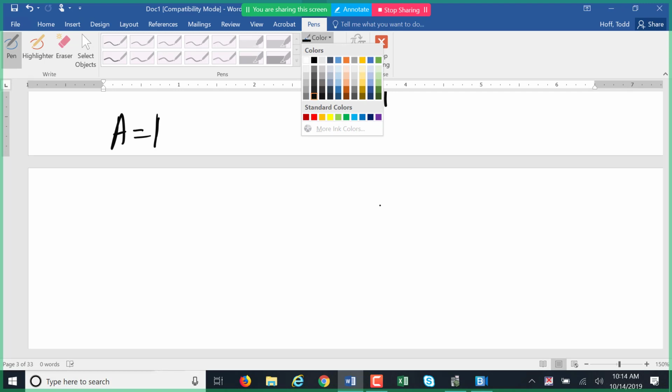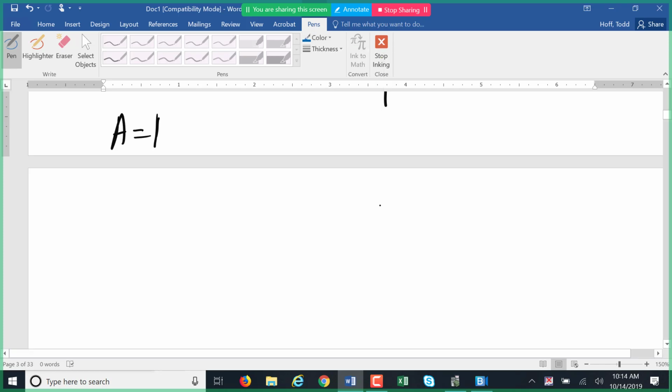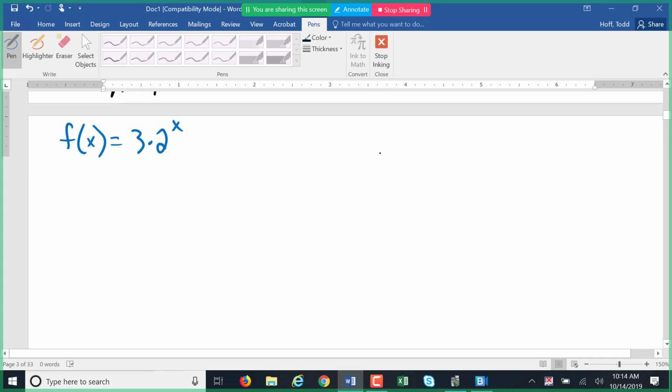It stretches it out vertically or horizontally, or it can flip it over, opening up to opening down. So let's try f of x equals 3 times 2 to the power of x.